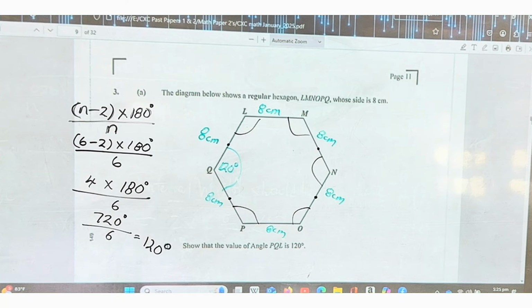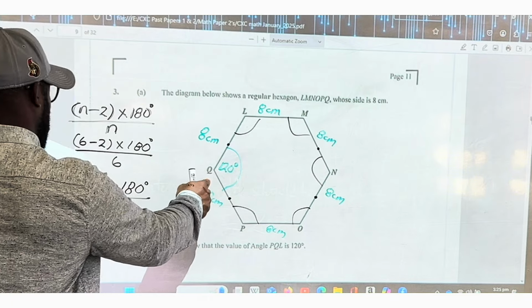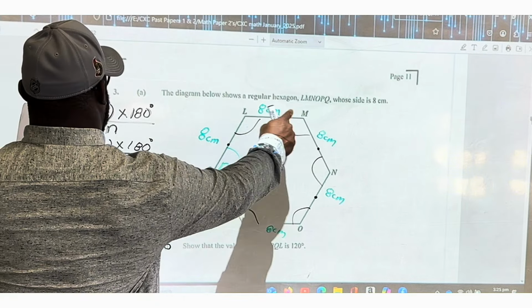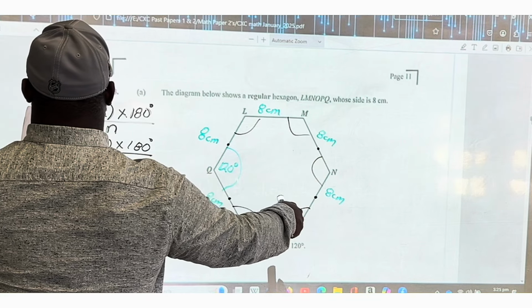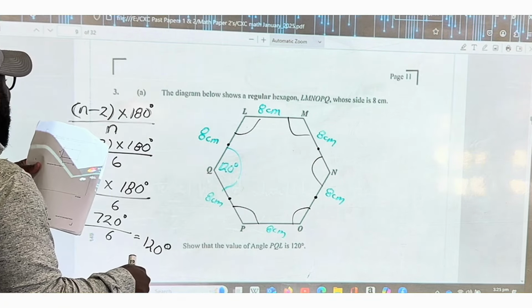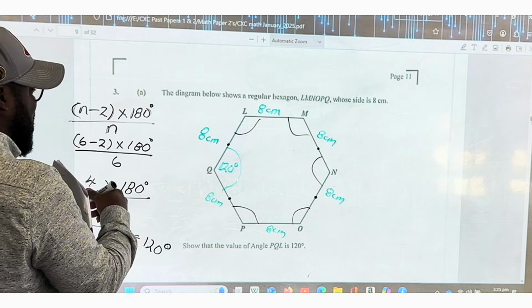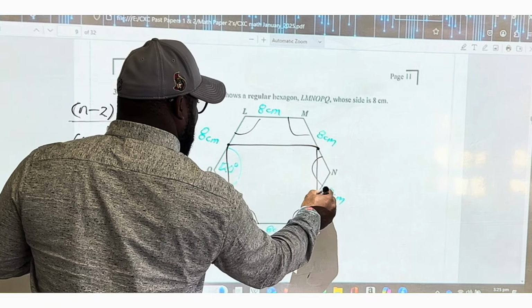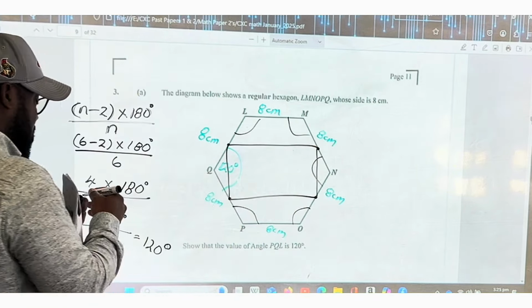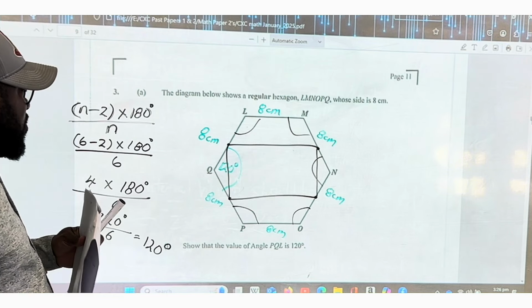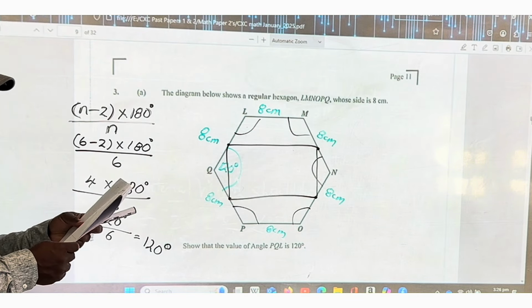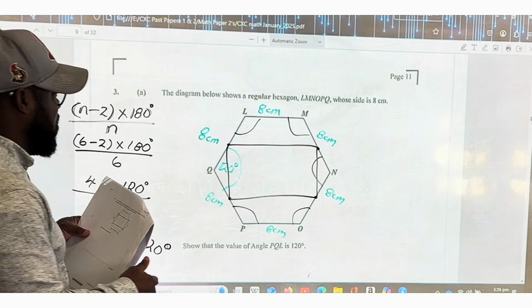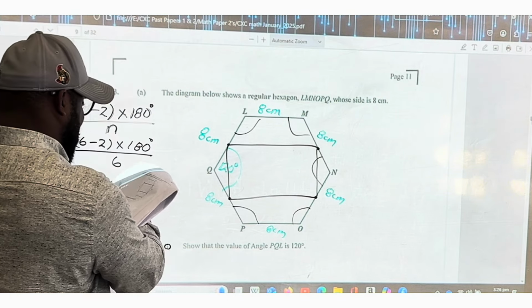The vertices of a rectangle W, X, Y, Z touch the sides PQ, QL, MN, and NO of the hexagon in part A. Okay, so it's shaped like this. I didn't put on the letters, sorry.